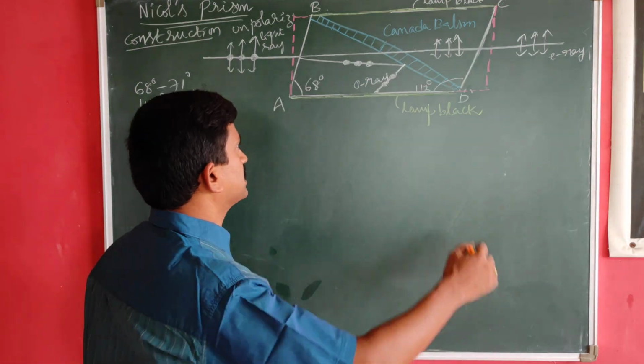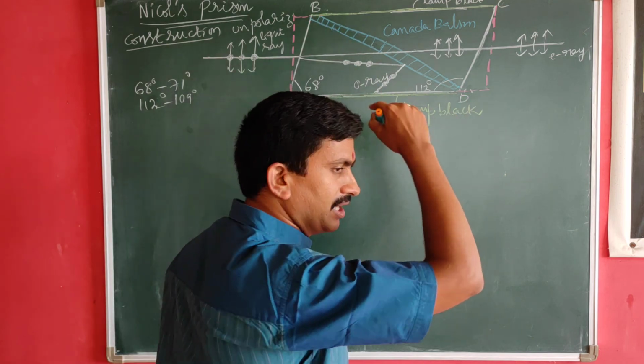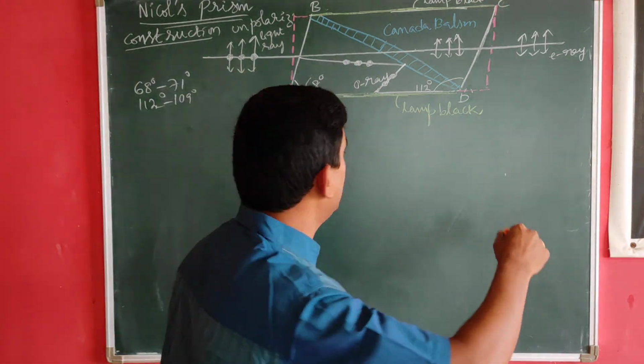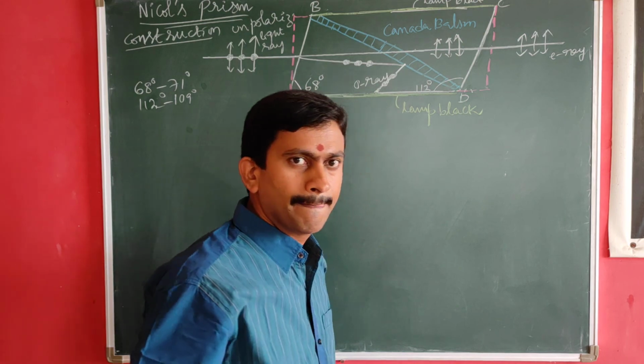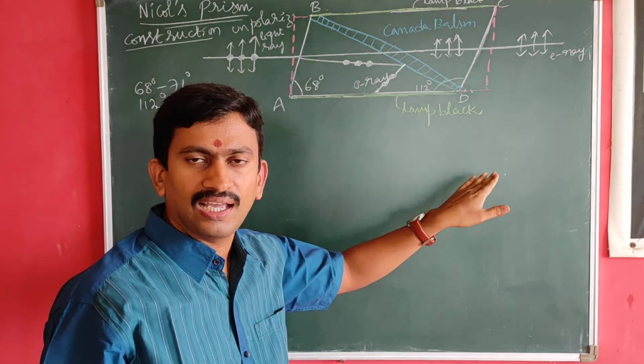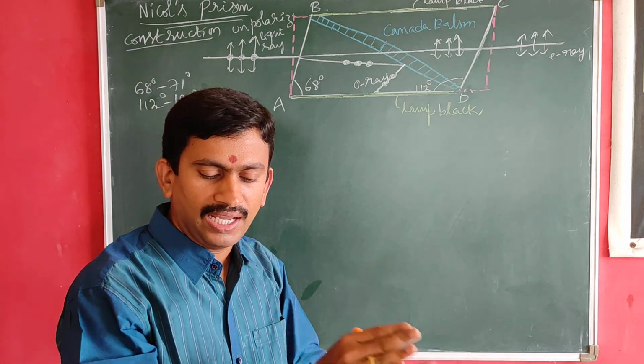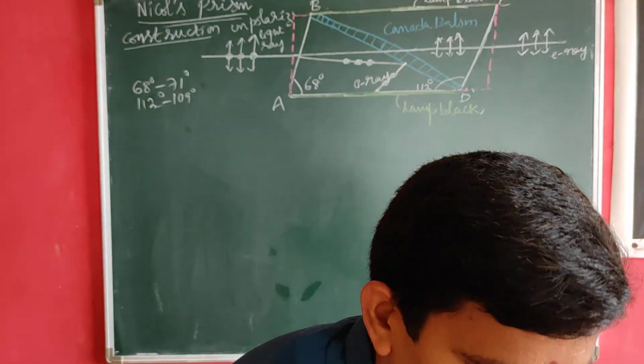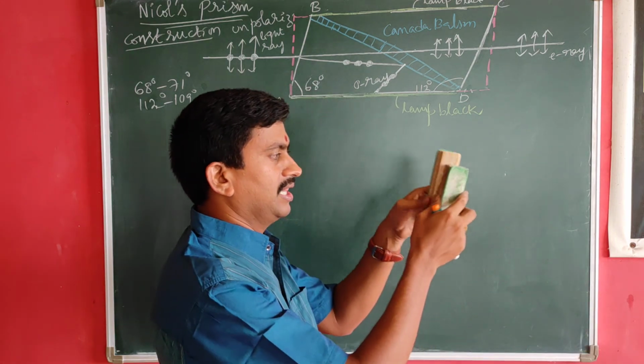The doubly refracting crystal is cut diagonally along BD, and the cut pieces are highly polished and rubbed together like this.